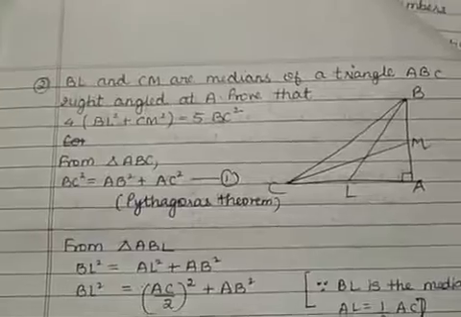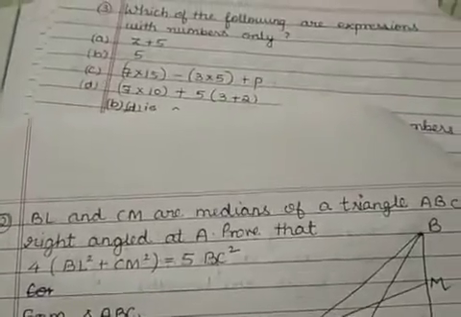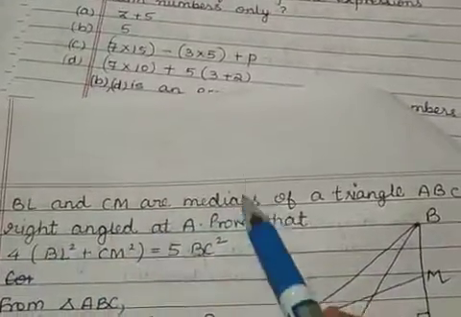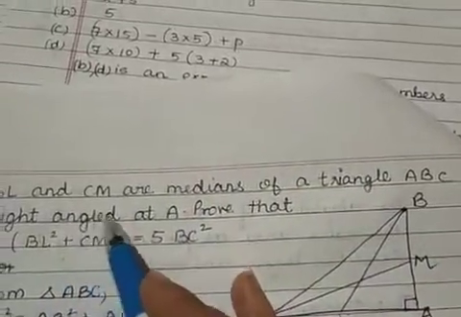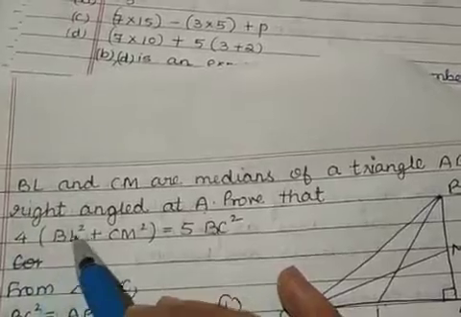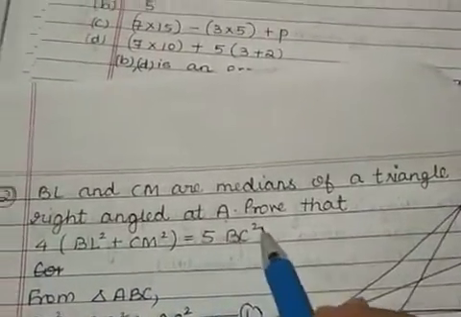Now let us see another example. In this you are not given the figure. It is said that BL and CM are medians of triangle ABC, which is right angled at A. You have to prove that 4 times BL square plus CM square is equal to 5 times BC square.